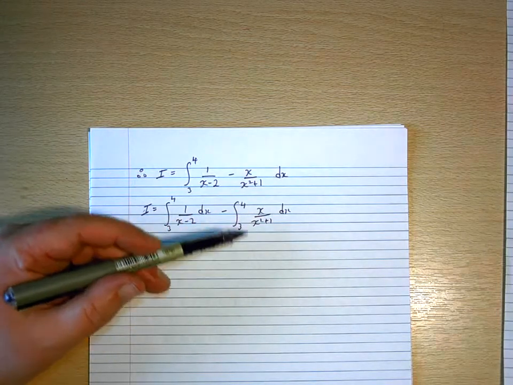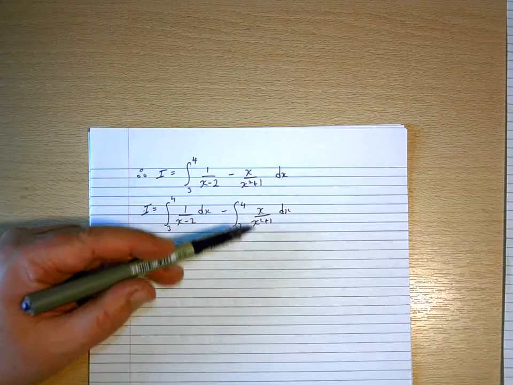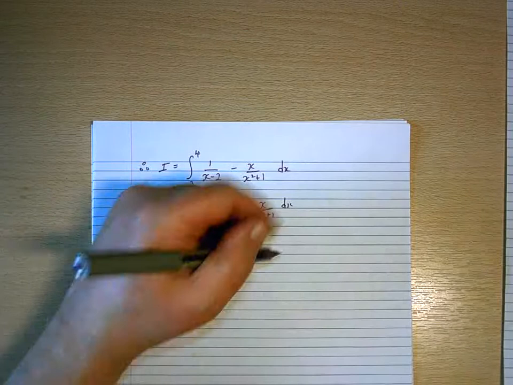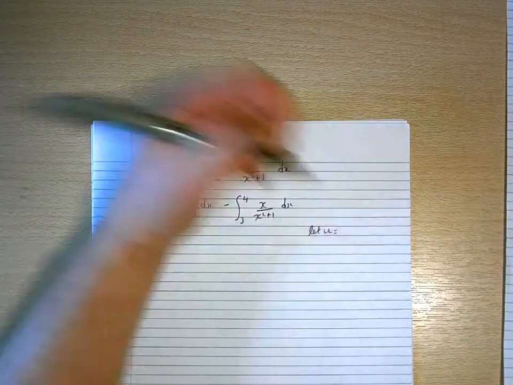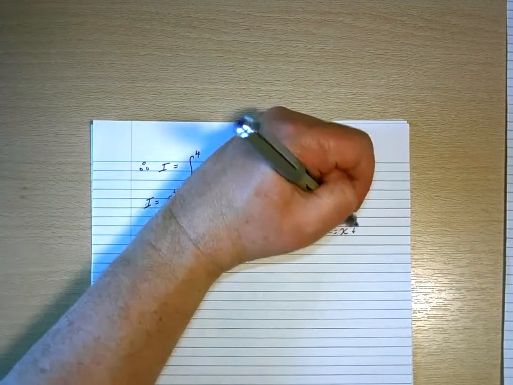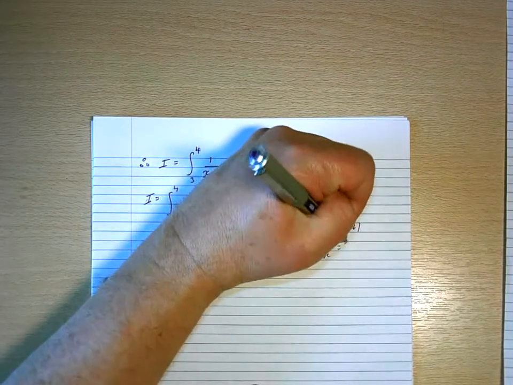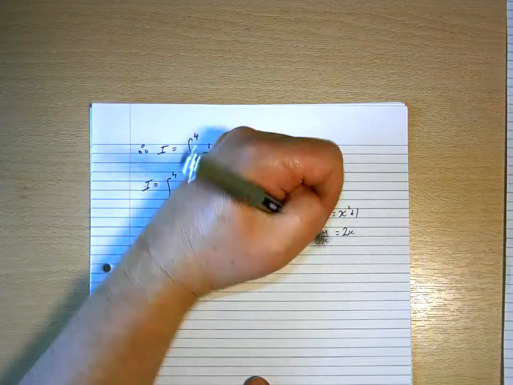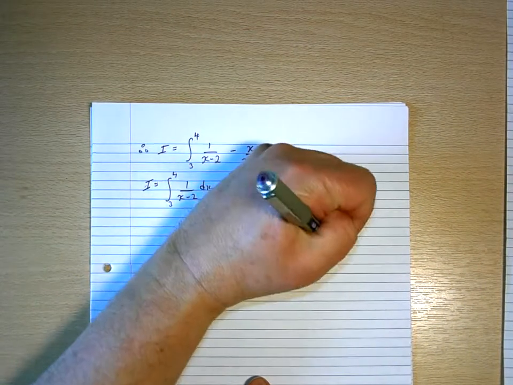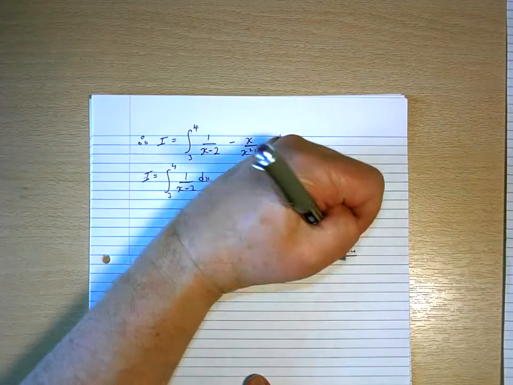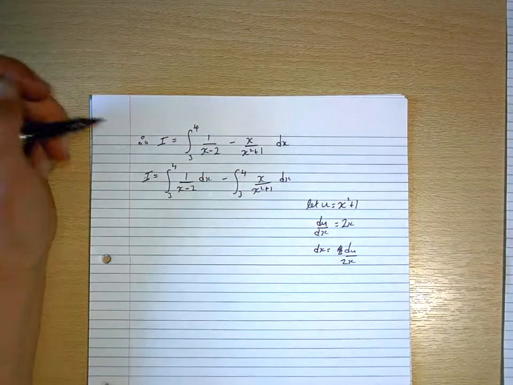You don't have to work through the substitution, but in case you're rusty, I'll do that as a substitution. So if I let u equal x squared plus 1, du dx is 2x, dx is du over 2x.